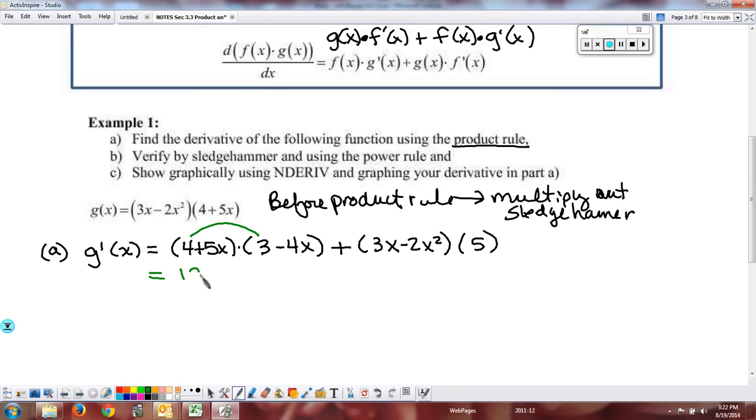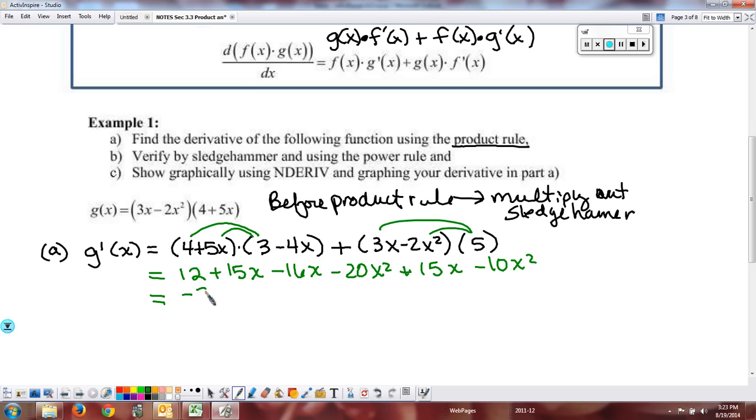So this would be my 12 plus a 15x, and then we have our minus 16x, and our minus 20x squared, and then distribute through here as well, plus 15x minus 10x squared. So we do a little sledgehammer there. And then we simplify, we collect our like terms. I would end up with minus 30x squared. And then I have 30 minus 16, so plus 14x plus 12.